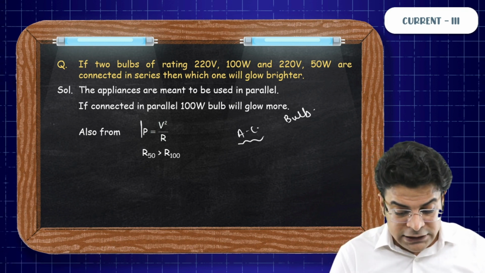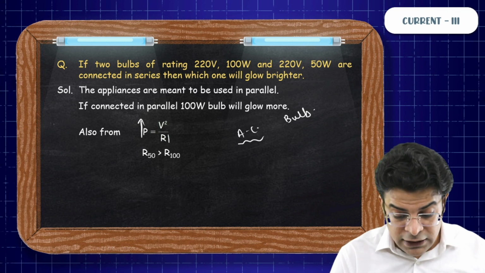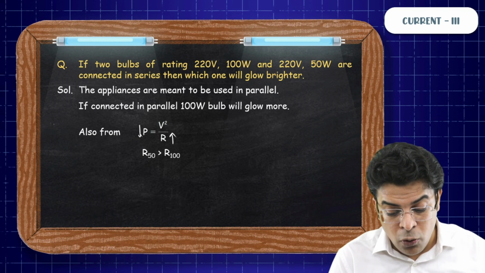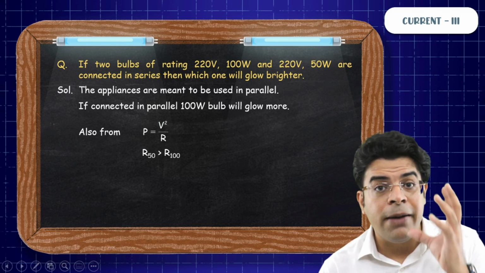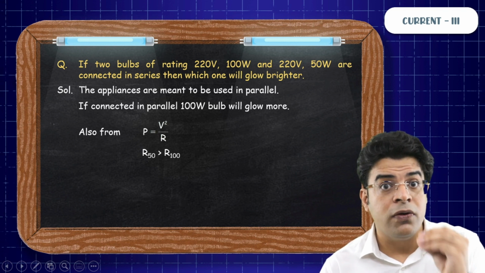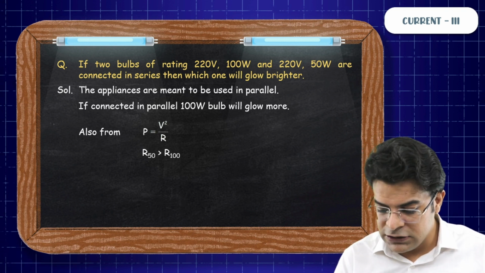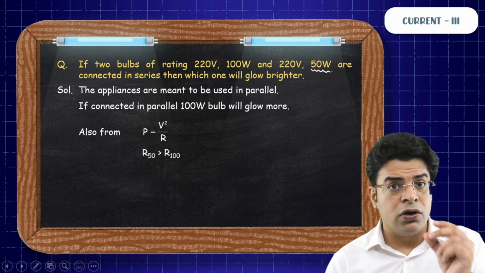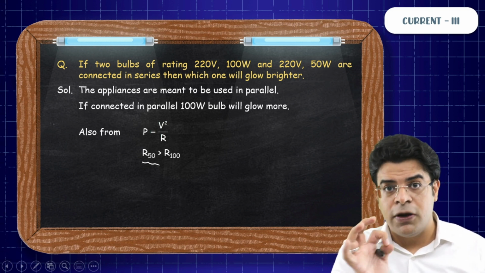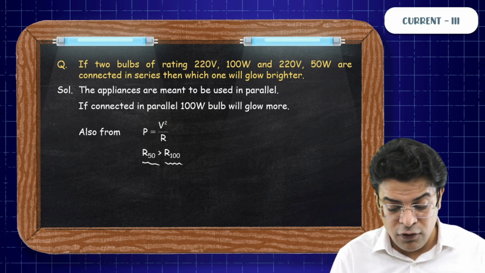So if the AC dissipates more power, it has got lesser resistance. And since the bulb dissipates less power, it has got more resistance. That's why the appliance which has got lower wattage rating has got more resistance. So here, since the bulb of 50 watt has got lower power, it has got higher resistance. So you can say the resistance of the 50 watt bulb is more than the resistance of the 100 watt bulb.